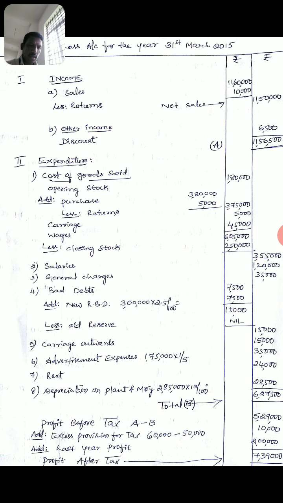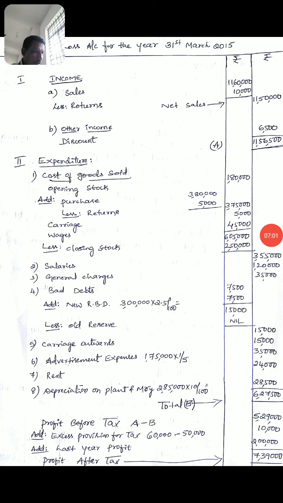In the problem they have given an income tax reserve of rupees 60,000, but they have paid income tax of rupees 50,000. So 60,000 minus 50,000, the excess provision is rupees 10,000, that is profit to the company. So you have to add 10,000 to the profit before tax.